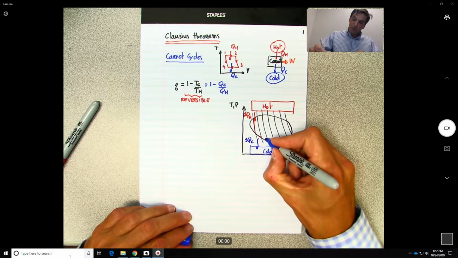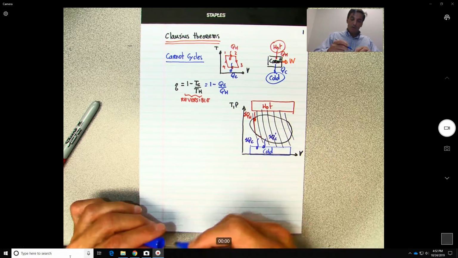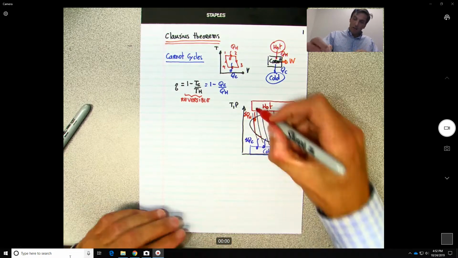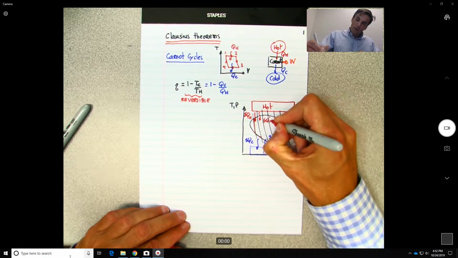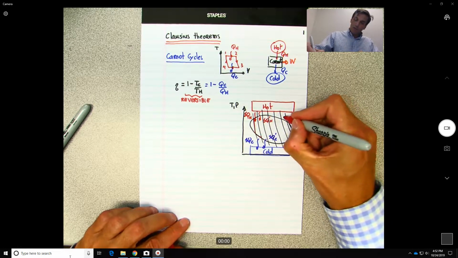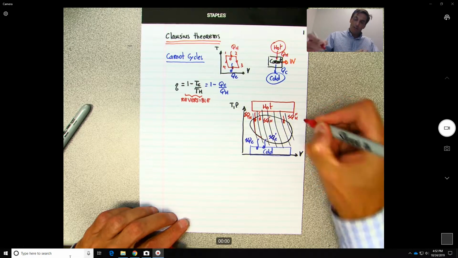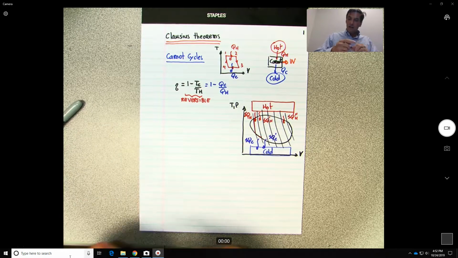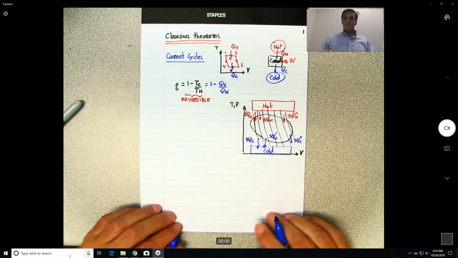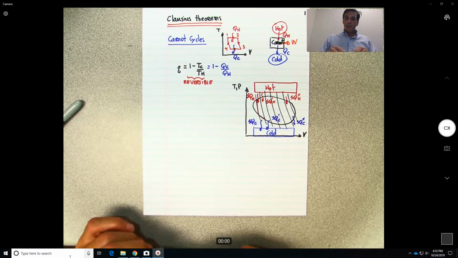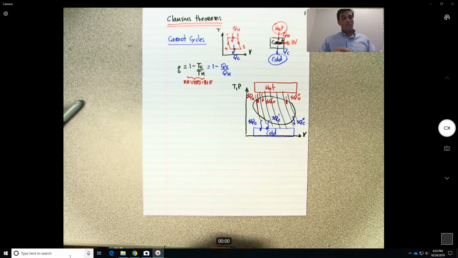The next one could be delta Q prime cold and delta Q prime hot on top. You can keep doing the same thing up to here, where you have delta Q double prime hot and, on this side, delta Q double prime cold. So basically you break a general cycle into an infinite number of small Carnot cycles.